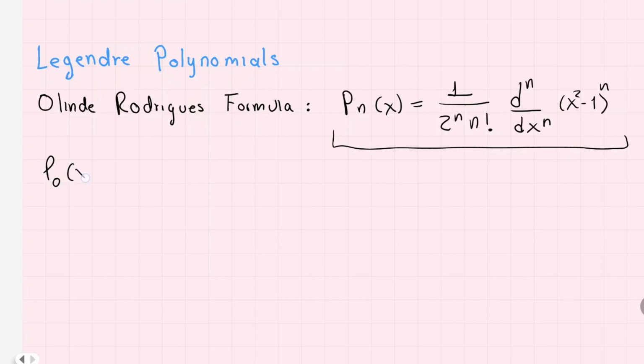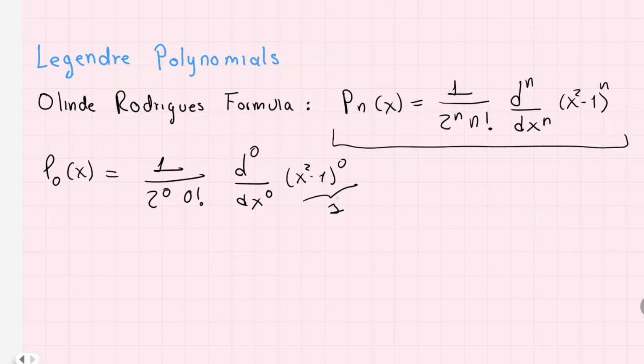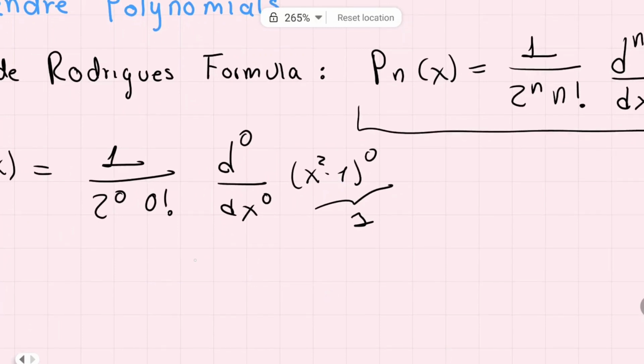For example, the zeroth Legendre polynomial of x is going to be 1 over 2 to the 0 power times 0 factorial, and the zeroth derivative with respect to x of (x squared minus 1) to the 0 power. This is just going to be 1, and remember that taking the zeroth derivative is like doing nothing to the function.